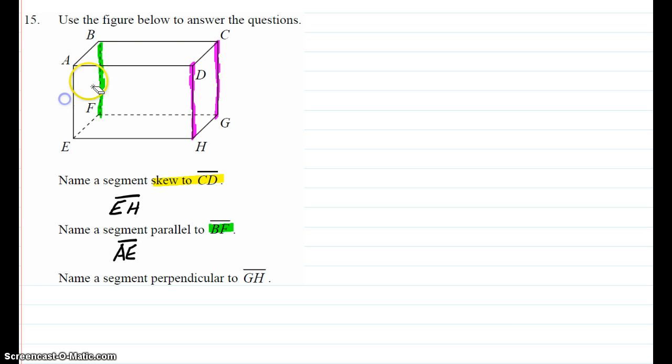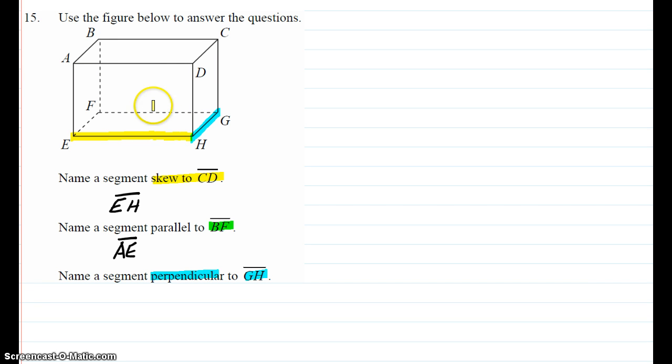And the last one, name a segment that is perpendicular to GH. So here's GH. To be perpendicular, they're going to have to touch, and when they touch, they're going to have to make 90 degrees. So EH would be 90 degrees.